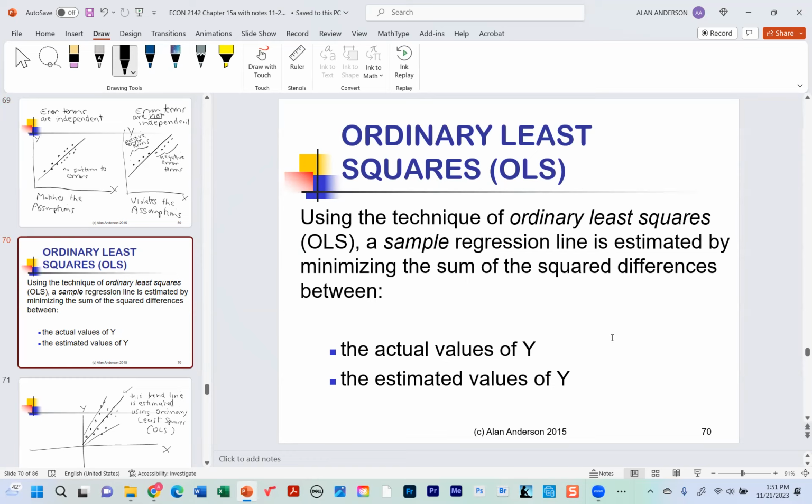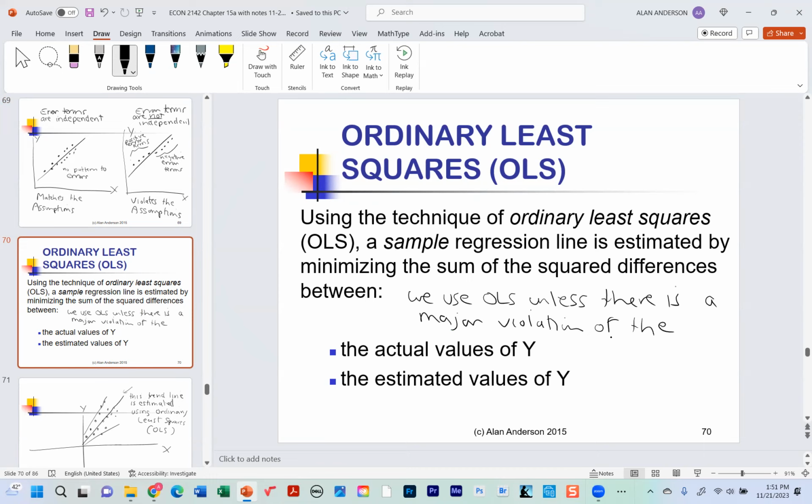So in general, we use OLS unless there is a major violation, keyword there being major, of the assumptions of regression analysis.